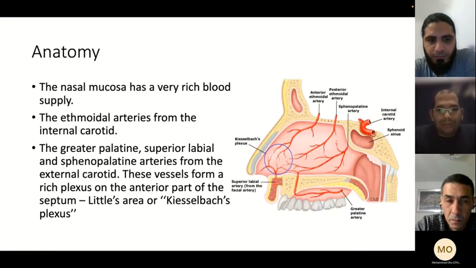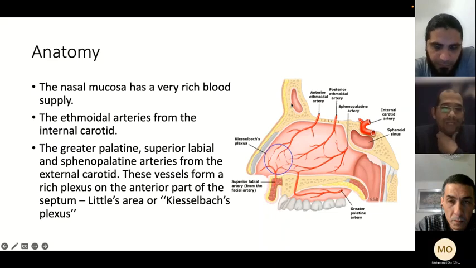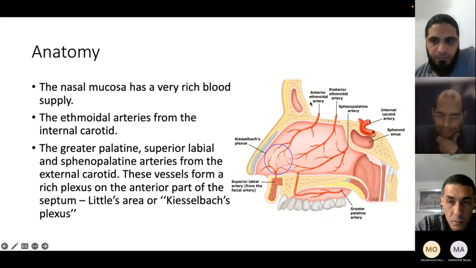First of all, we will have some anatomical background. The nasal mucosa is very rich in blood supply. The blood supply comes from the external carotid and internal carotid arteries.